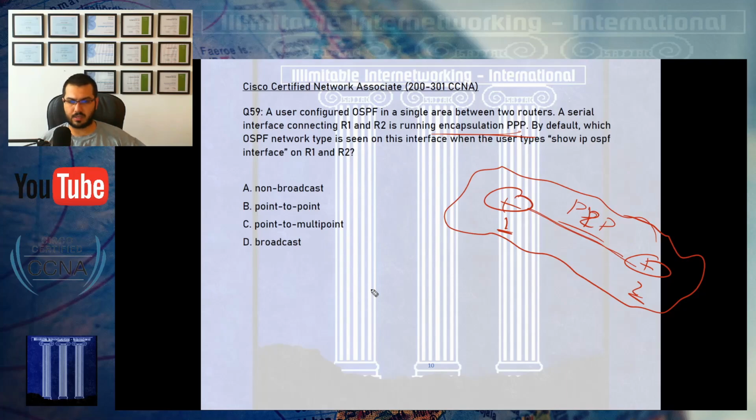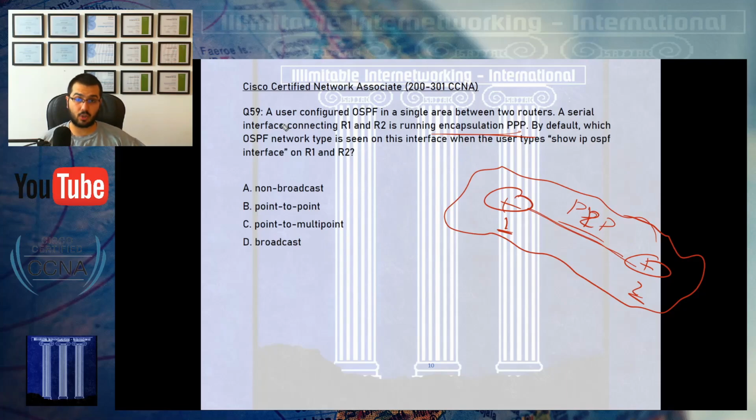Just as information for you, the question asks which OSPF network type is the default. In the CCNP we will talk about OSPF network types and how to configure them, and also in the CCNA I've talked about that. Whenever you have two routers connected together via a single link and using OSPF, this will be a point-to-point OSPF network.